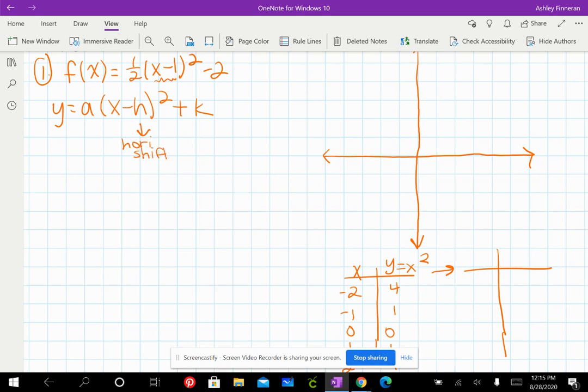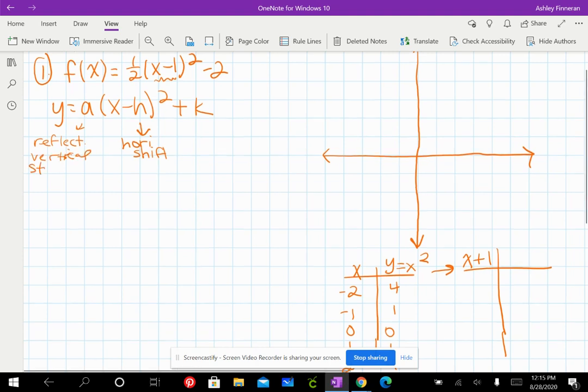So in this case, x minus 1 is a horizontal shift, right 1, which adds 1 to each of my x values. And then a is both a reflection across the x-axis if it's negative, and your vertical stretch or compression factor.